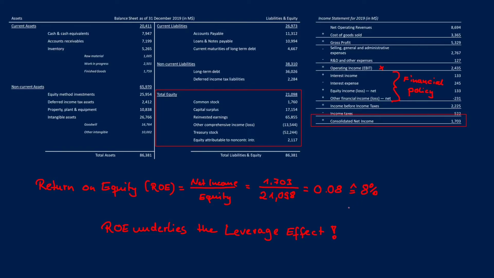So, if we want to have a more robust measure, a return that is more robust towards financial policy, towards decisions made by the management, we must go further up. We went up from the dividend to the net income, and now we go up further to the EBIT.